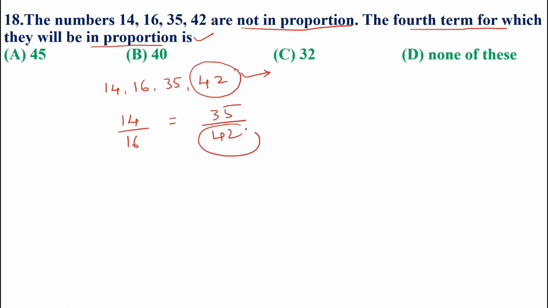So now this is not in proportion, so I have to change this 42 so that it will be in proportion. What should I keep in the place of 42? 14 by 16, what is the value? 2 sevens are 14, 2 eights are 16, so here also 7 by 8 should be present. So 5 sevens are 35, 5 eights are 40, so 40 should be present.